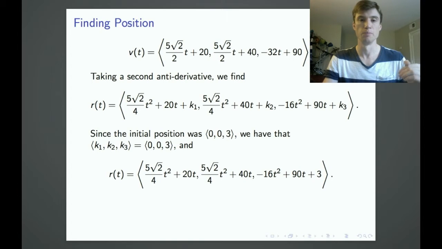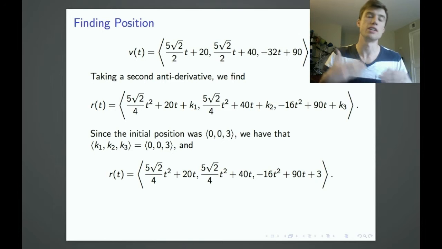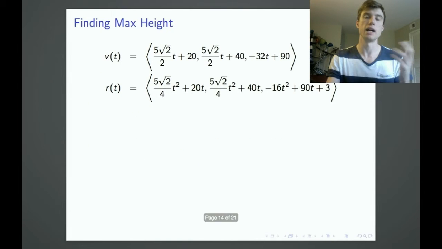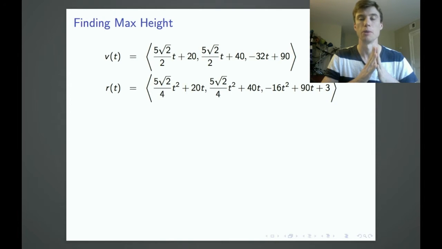Now, we found the velocity function, we found the position function. We can turn now to answer the questions that they posed to us. Recall that the two questions they asked were, what is the maximum height of this object, and what is the time of flight? Let's start with answering the question about the maximum height.